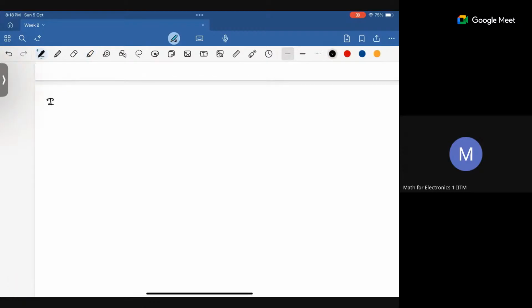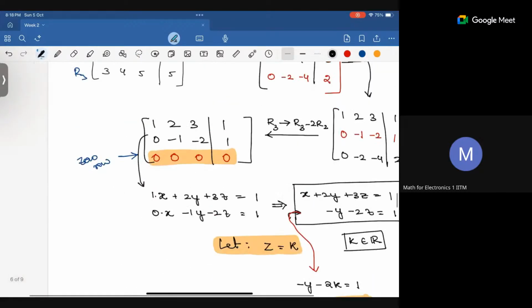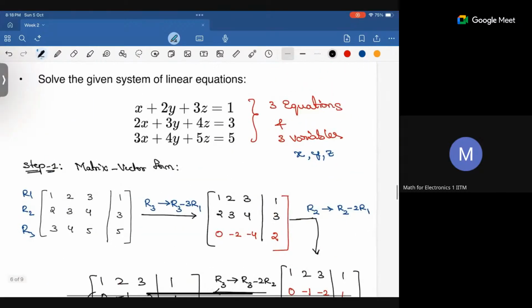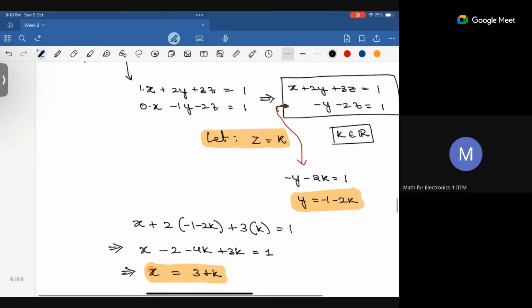If k is 0, then z will be 0, y will be minus 1, x will be 3. If you just take these values and substitute them in these equations, you will see that all three equations will be satisfied. And that is one possible solution.